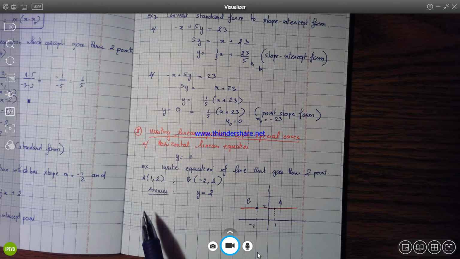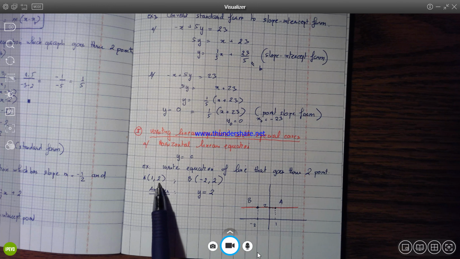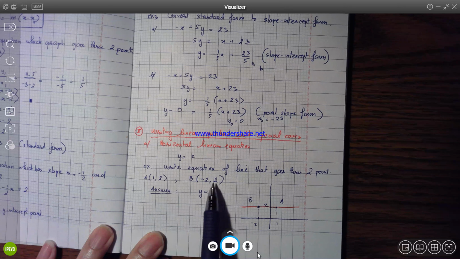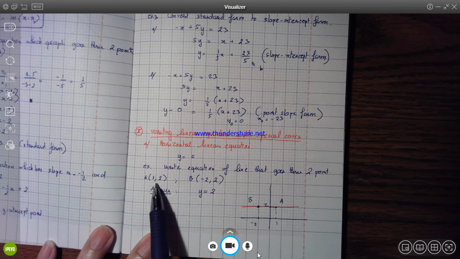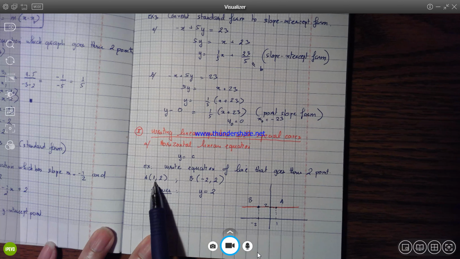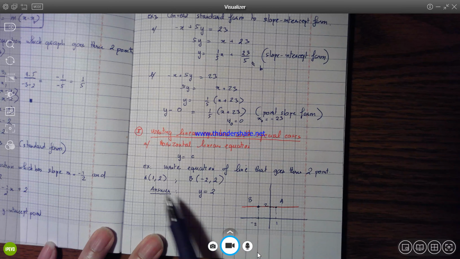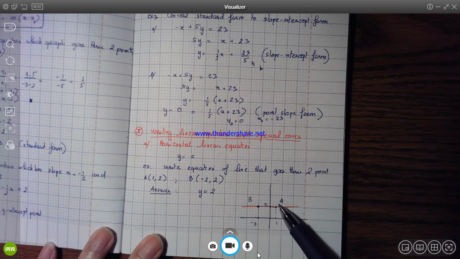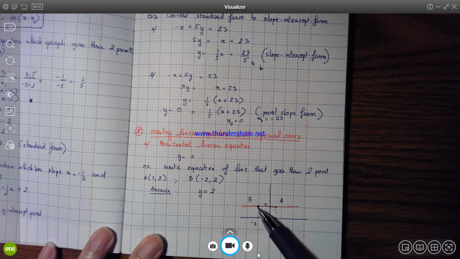If you notice, the y component of the 2 points is the same. If you locate these 2 points on the coordinate system, point A is (1, 2) right here, and point B is (-2, 2) right here.